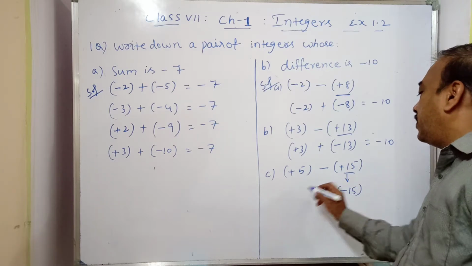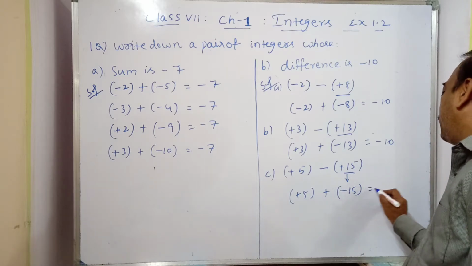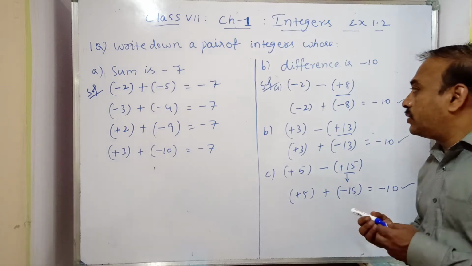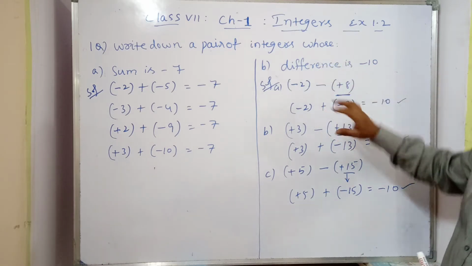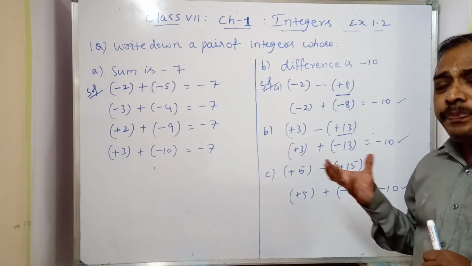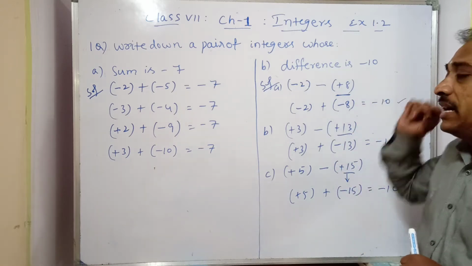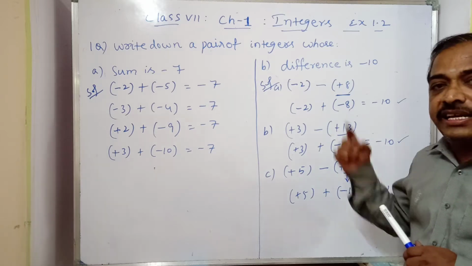Adding the additive inverse to plus 5, plus 5 plus minus 15 will give you minus 10. So the difference of these two integers is minus 10. You can give your own examples, positive or negative integers, but the difference has to be minus 10. Is it clear?